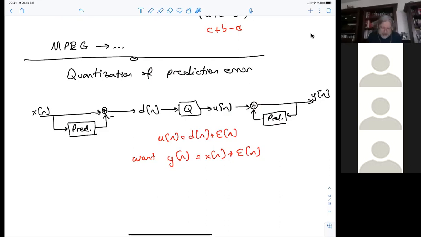Let's make both this one and this one use U. Previously the left-hand part was using D.